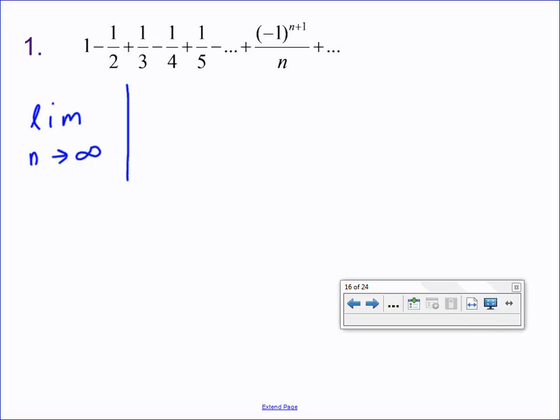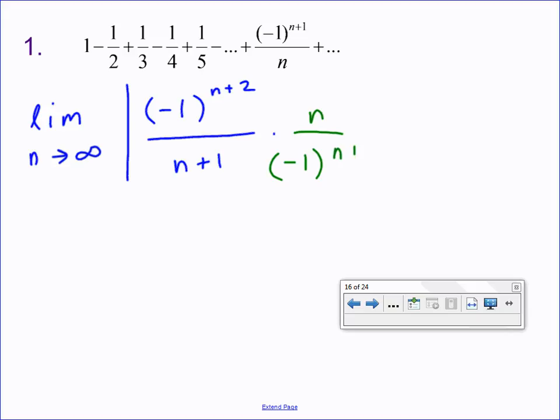Well, we get -1 to the n plus 2. You guys see that? Over n plus 1. Divided by a sub n would give us the original multiplied by the reciprocal, so I get n over -1 to the, what's that? Plus 1.